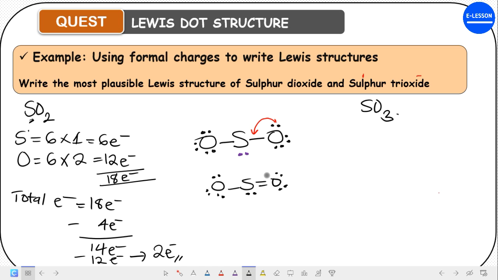Now how do we calculate the formal charge of sulfur here? If the formal charge is not 0, you know what to do. Formal charge, we said, is the number of valence electrons that sulfur normally had, which is 6, minus the lone pair electrons. Lone pair of electrons here is 2 electrons, so minus 2 electrons, then minus, or we can say plus.